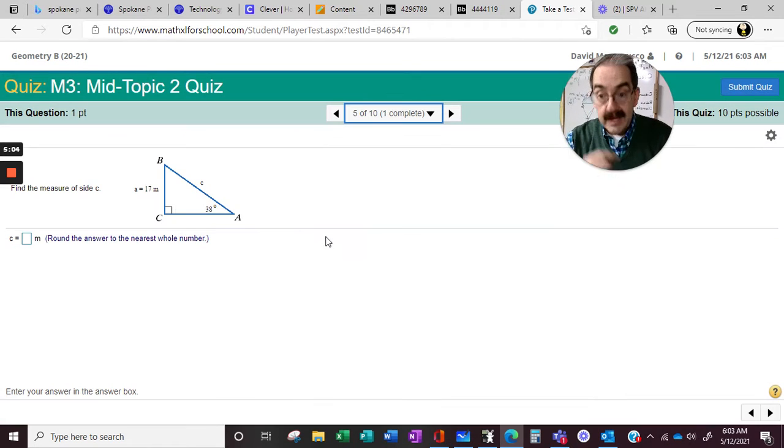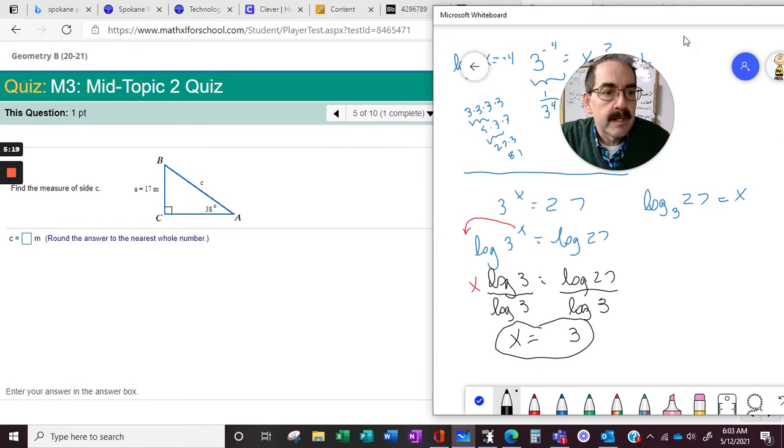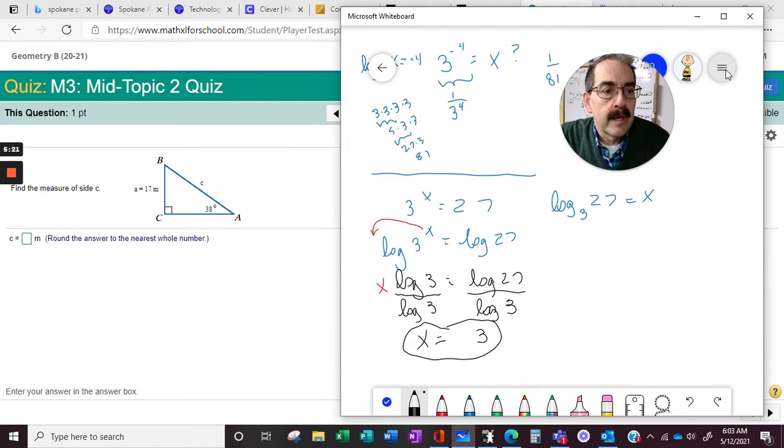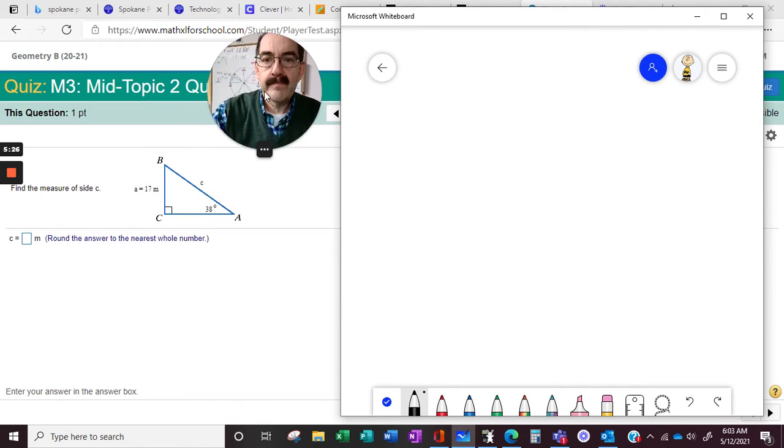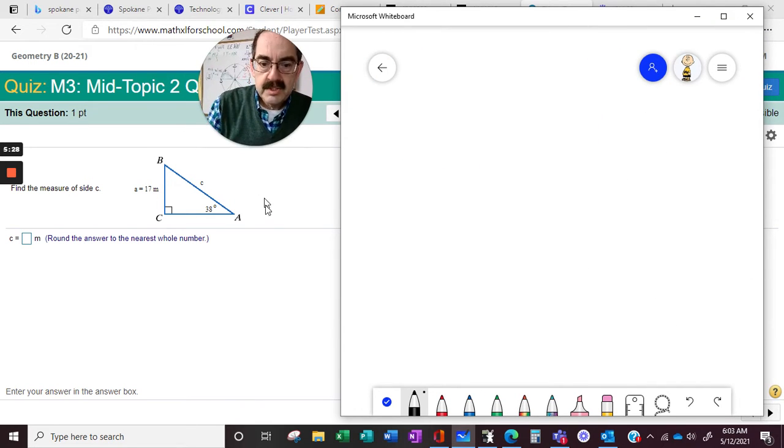Okay, so let's go to a middle problem here. Let's just go to number 5, see if we remember how to do this. Okay, so now find the measure of side C. Trigonometry, right? Opposite, hypotenuse. And let's clear the canvas. We know the 38 degrees.